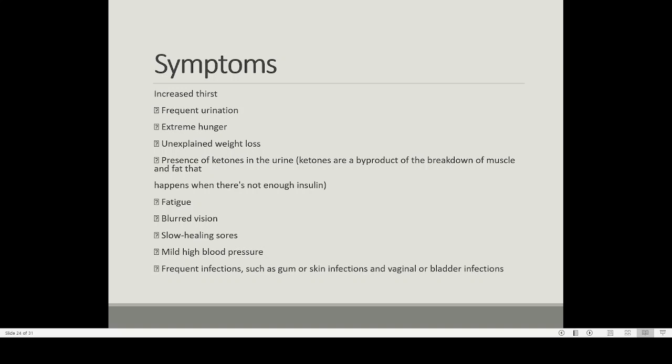Then the healing of sores: any sore or injury on your leg or feet may take weeks or months to heal. Sometimes people may have to have their feet cut to prevent the spread. Then mild high blood pressure will be common. Then gum infection, vaginal infection, urinary bladder infection, all these.